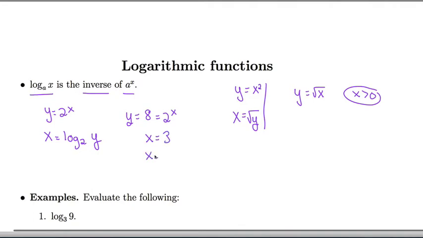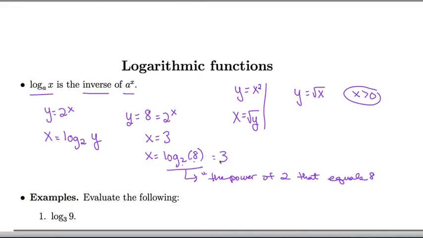Another way of writing that is that x is equal to log base 2 of 8. And this you would interpret as saying the power of 2 that equals 8. What power of 2 equals 8? And the answer is 3.